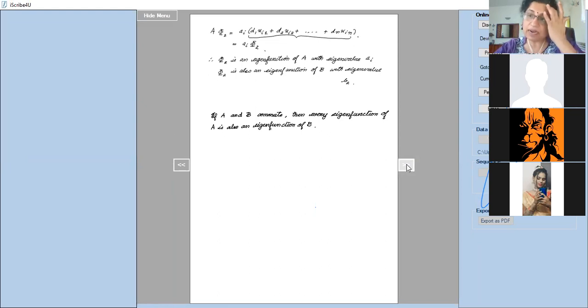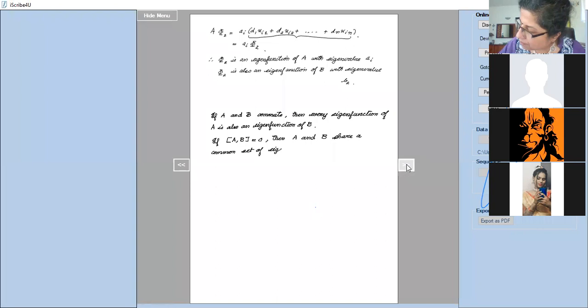We have hidden away the fact that we may need to do a diagonalization process. But finally, we can get eigenfunctions which are eigenfunctions of both A and B. So, if the commutator of A and B is equal to 0, which means A and B commute, then A and B share a common set of eigenfunctions.